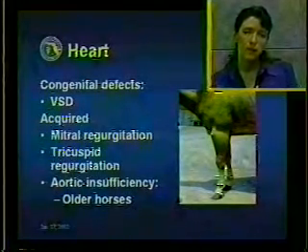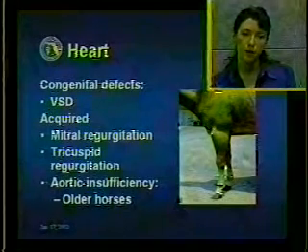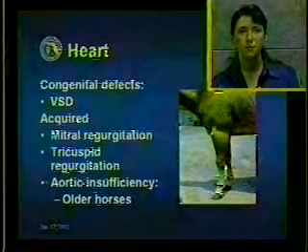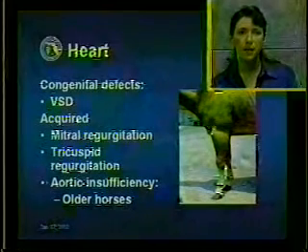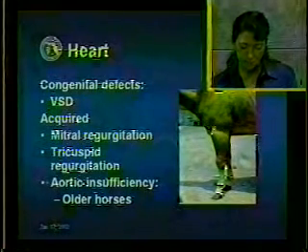In the case of tricuspid regurgitation, we can actually see evidence of it consecutive to pulmonary hypertension, which is in itself consecutive to mitral regurgitation. So the first event may actually be the mitral regurgitation that will long-term cause the tricuspid regurgitation.